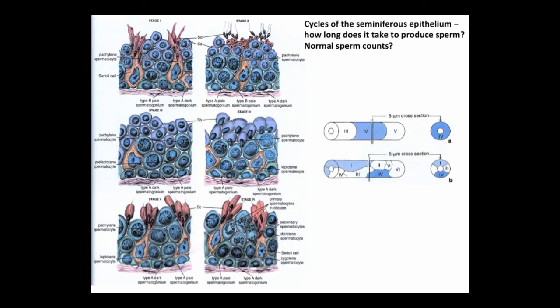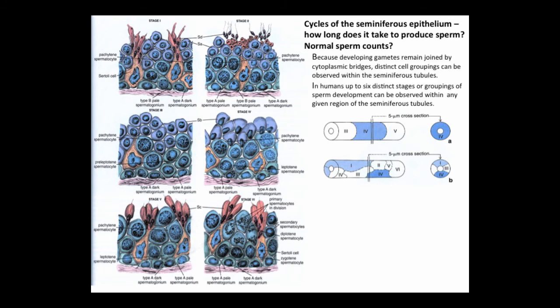There are cycles of seminiferous epithelium, and you might want to ask how long it takes to produce sperm and what normal sperm counts would be. Because developing gametes remain joined by cytoplasmic bridges, you can see distinct cell groupings within the seminiferous tubules.